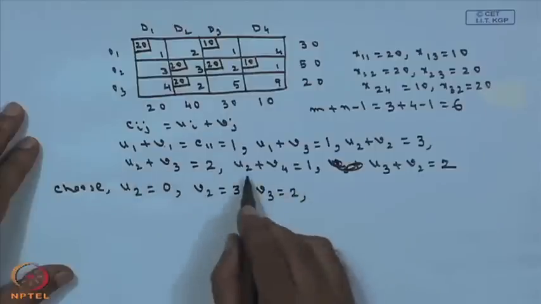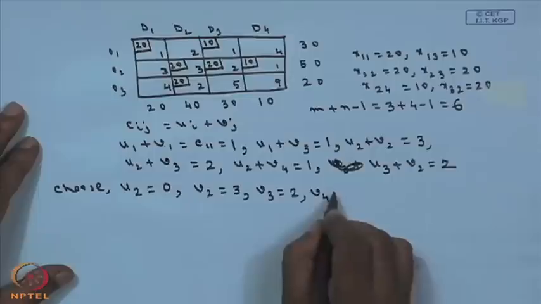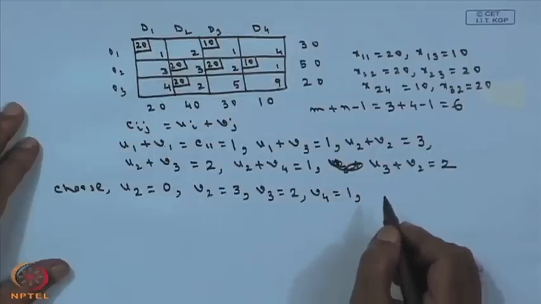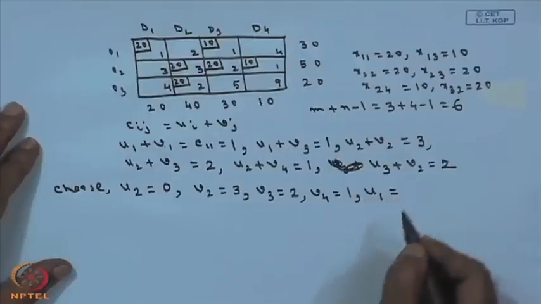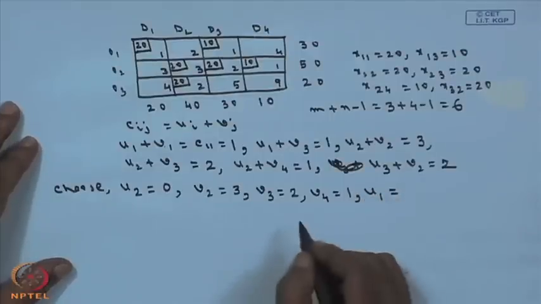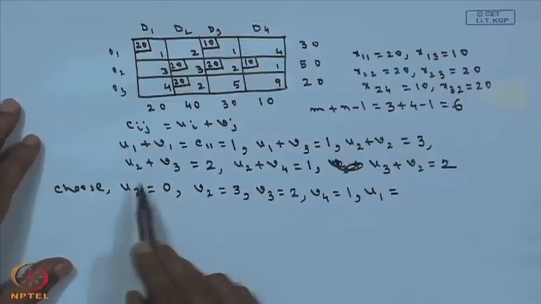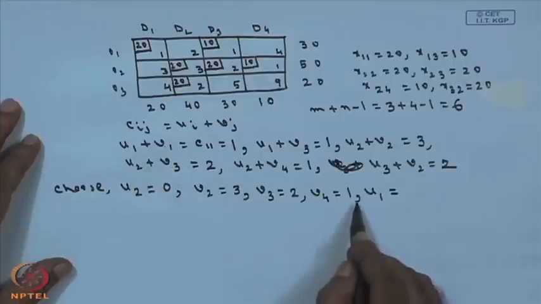Again from this equation, your V4 is equal to 1. Once you have obtained V4, then you have to find out u1. What is u1 plus V1? V1 is not known till now.